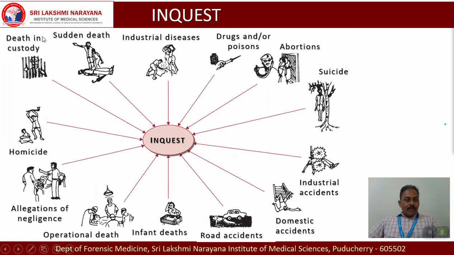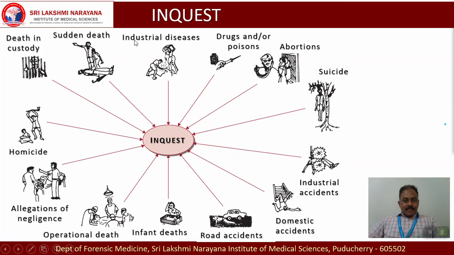Police may prepare the inquest, but if a police officer is suspected, then the magistrate will do the inquiry. Magistrate inquest is in addition to police inquest. Sudden death, sudden natural death, sudden unnatural death.